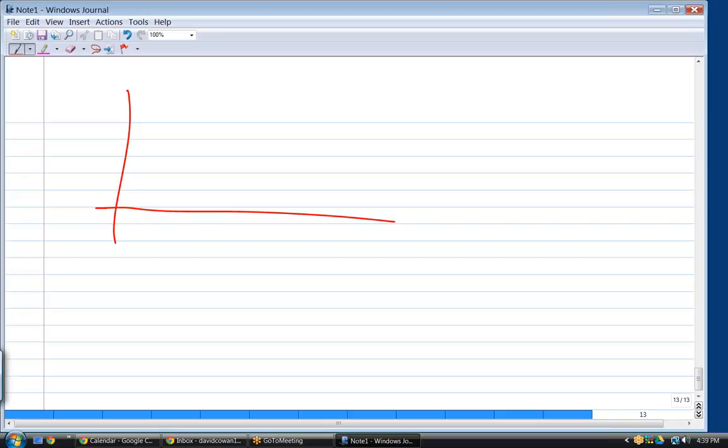Starts out at 3 feet. Hits it with an angle that is 18 degrees with the horizontal. And the velocity of the ball is 150 feet per second.